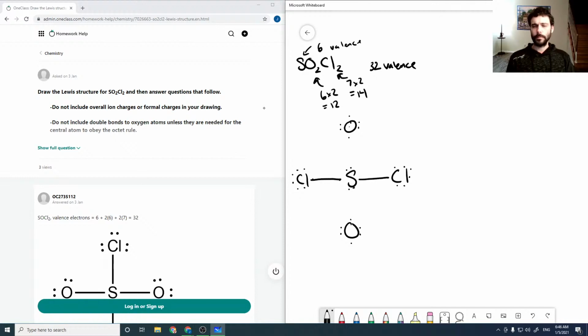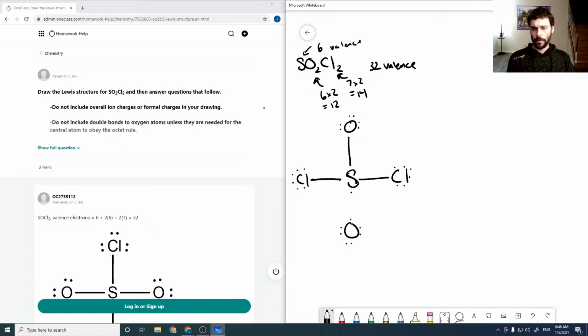So we can get a bond here, a bond here. And now, unfortunately, the sulfur-oxygen bonds are not possible. As well, the oxygens wouldn't be filled. So I'm going to go ahead and just remove the electrons around sulfur. So we're 4 short, or at least just remove 2 of them, and I'm going to put them on the oxygens instead.